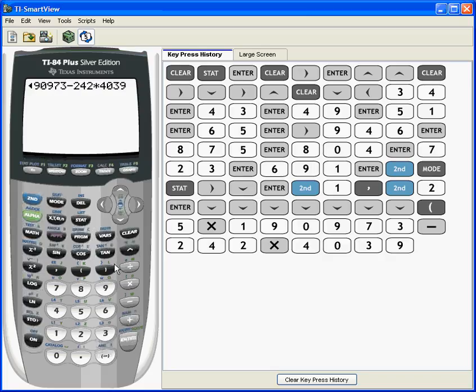So you don't need excessive parentheses here because the order of operations in a calculator will take care of itself. The calculator knows to multiply before it adds or subtracts. Close parenthesis there, that takes care of the numerator.